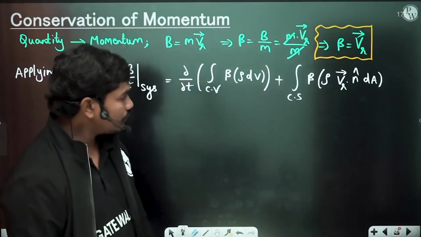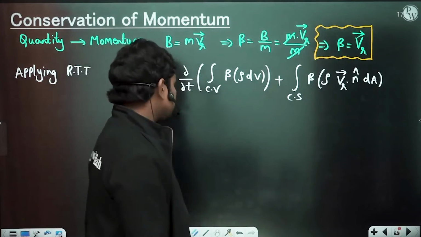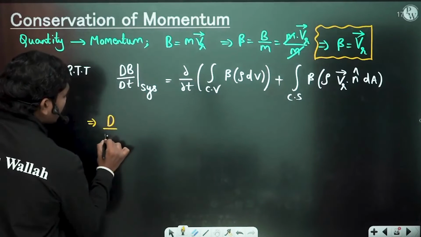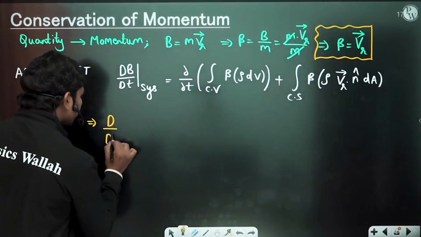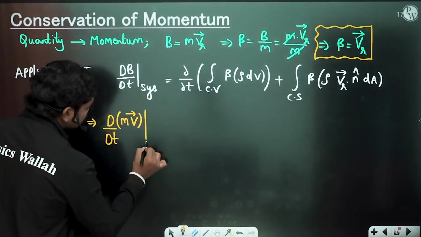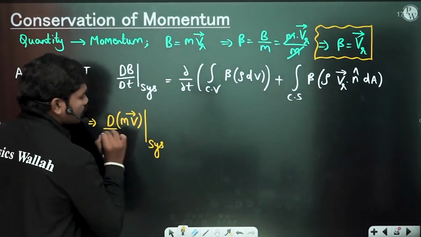Now if you see this quantity, this is nothing but the rate of change of momentum of the system. System is nothing but some mass, so this is the rate of change of momentum of the system.